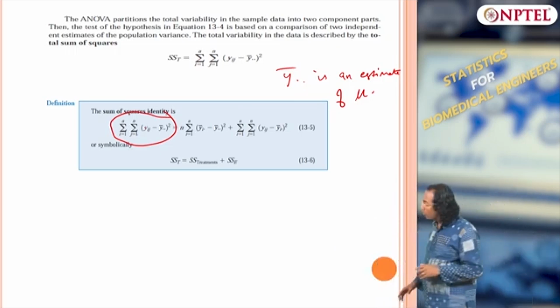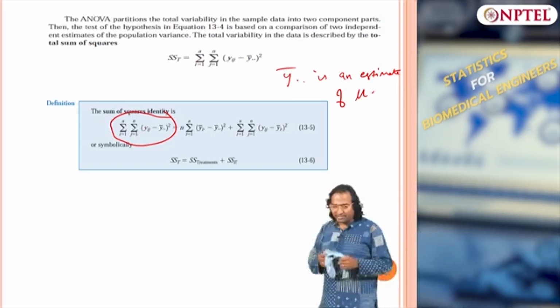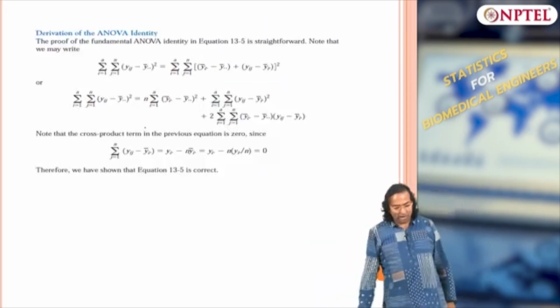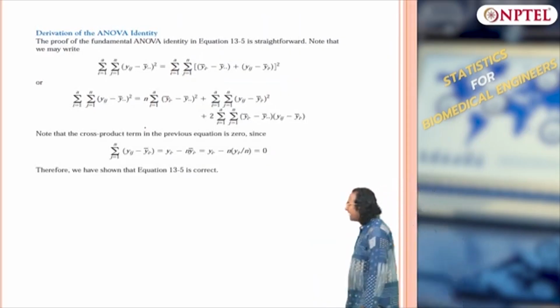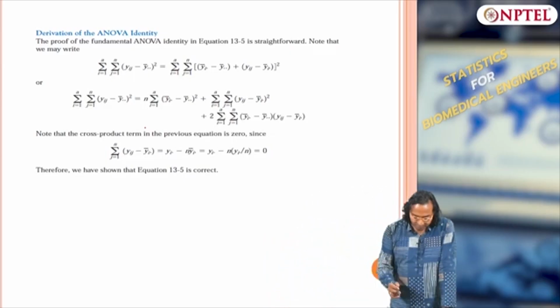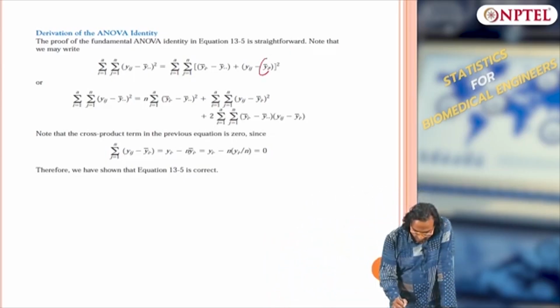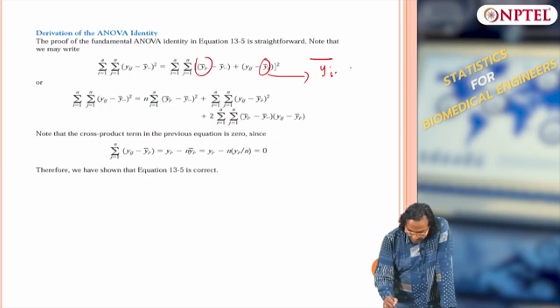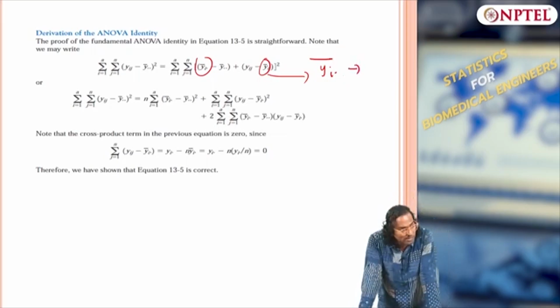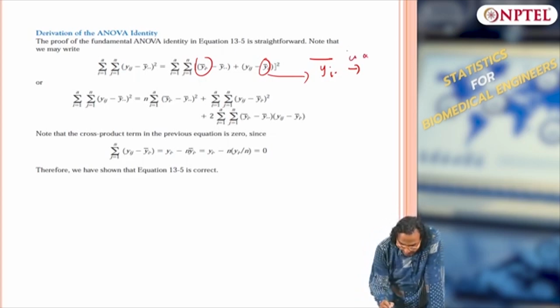Now I want to split this grand variation. So let us look at this. I have this grand variation and now I am going to add and subtract something. What is yi dot bar an estimate of?